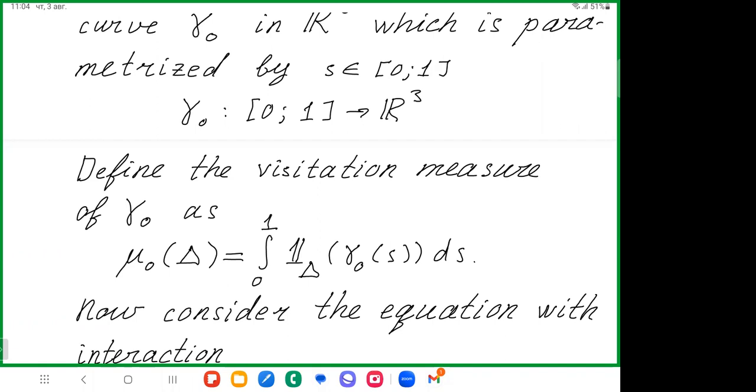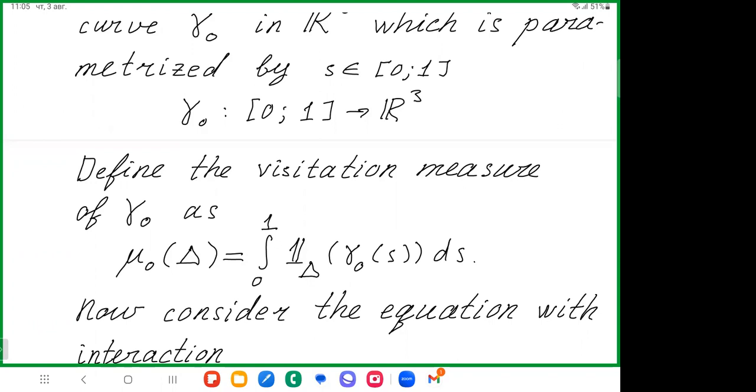If we interpret s as a time, an inner time for our curve, then this integral is the amount of time which our curve spent in the set delta. This is the explanation why we use the term visitation measure: what time gamma 0 spent visiting our set delta.